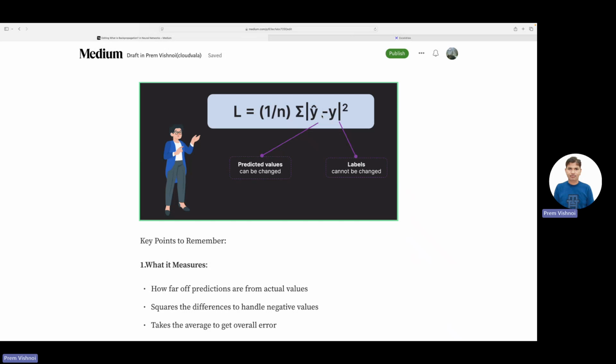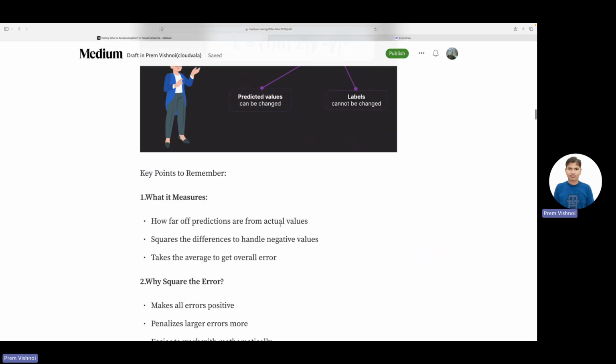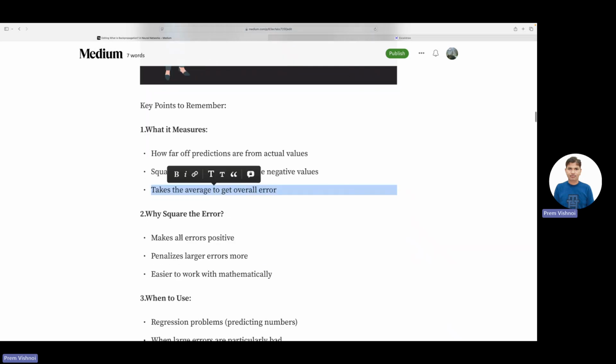So y predicted minus y actual, that is, the predicted value minus the actual value, squared, and multiplied by 1 over n. It shows how far the predictions are from the actual values: square the difference to handle negative values, take the average, and get the errors. Why square errors?